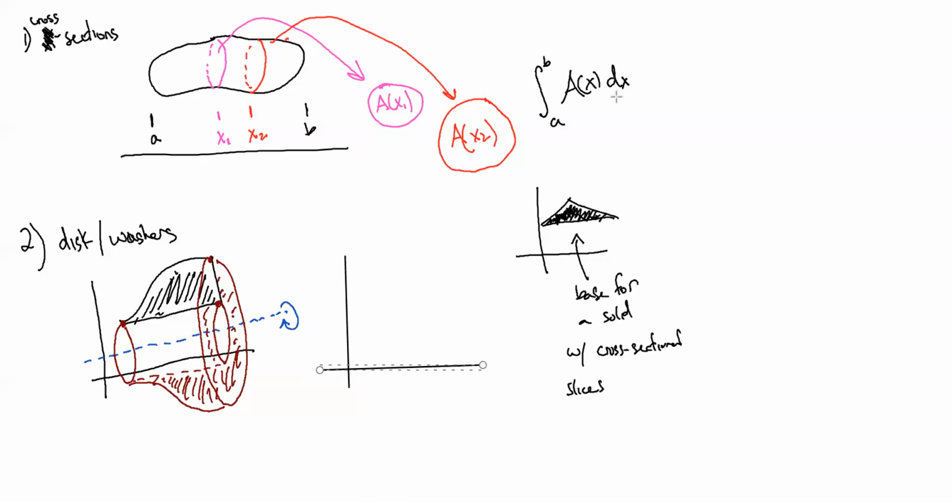Because if I had a region that looks like this, I'm going to revolve this region around this axis. Right, so still perpendicular to the y-axis, still parallel to the x-axis.